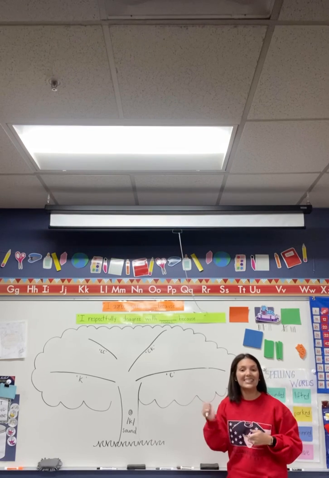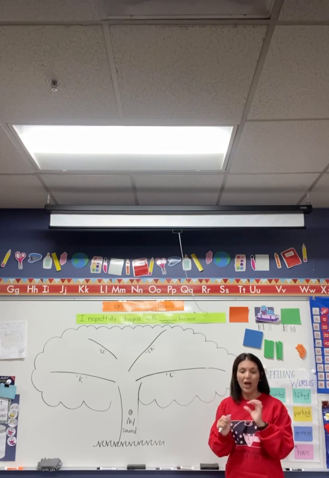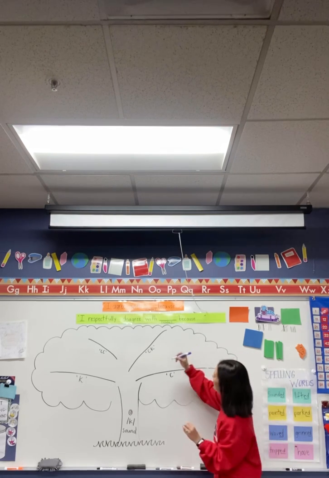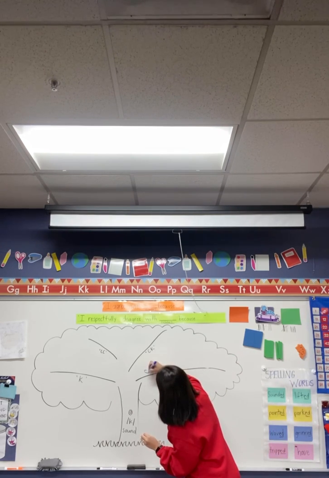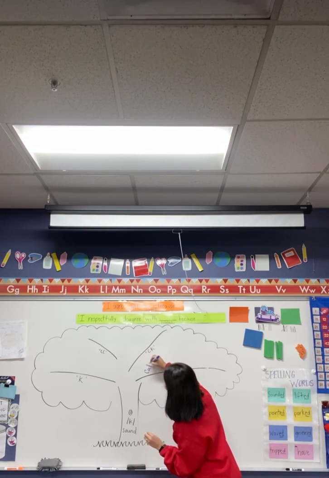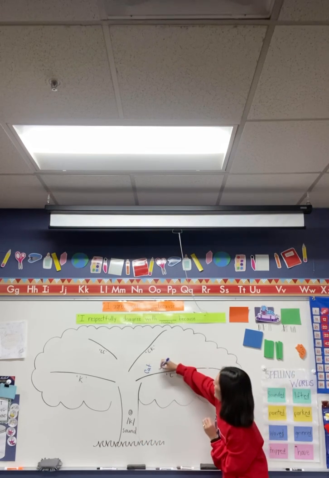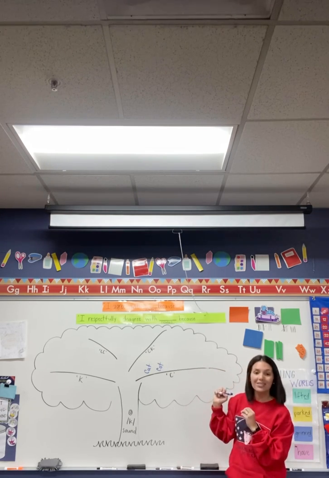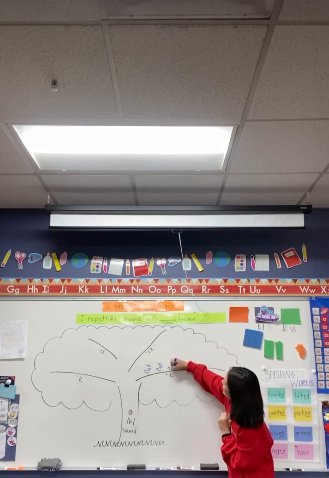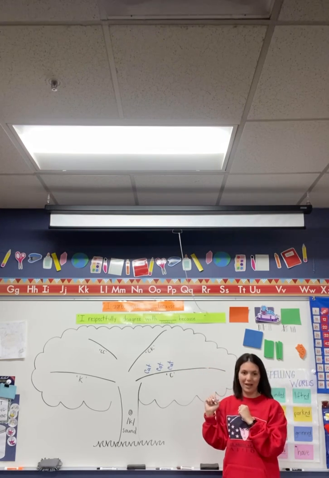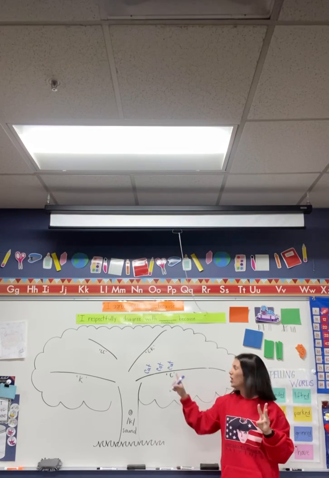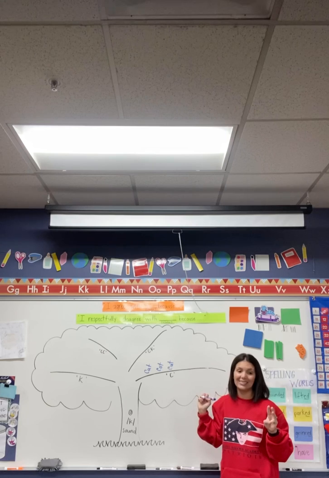We use the C spelling generally when words at the beginning have a CA as in cat, a CO as in caught, and a CU as in cut, okay? So if a word starts with CA, CO, CU, you're most likely going to use that C spelling.